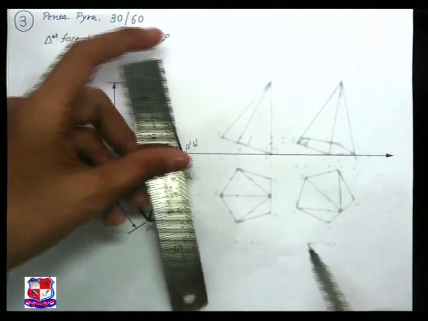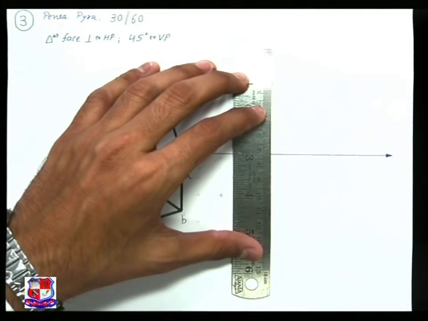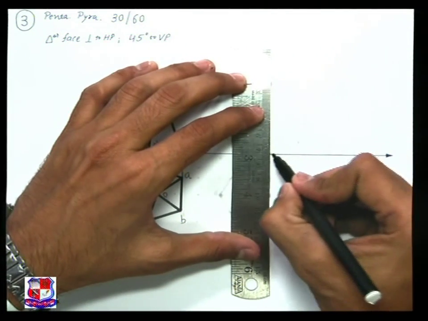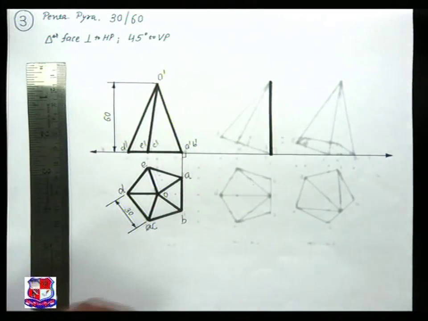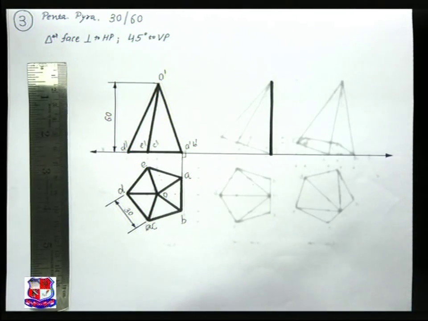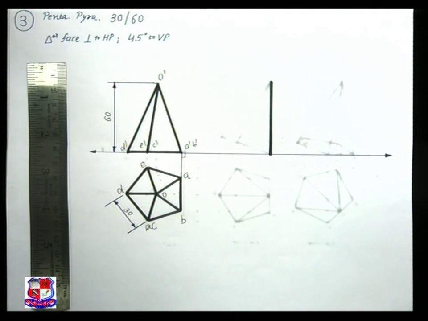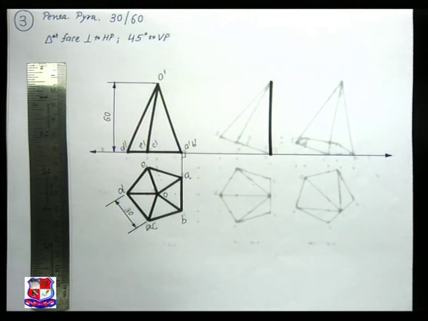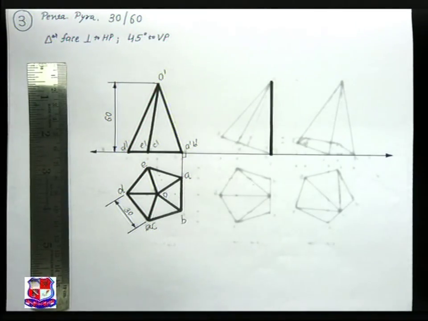For that, first we draw a line at an angle of 90 degrees with the XY line like this and measure the distance O dash to A dash, and transfer it to this vertical line to redraw this triangle like this.